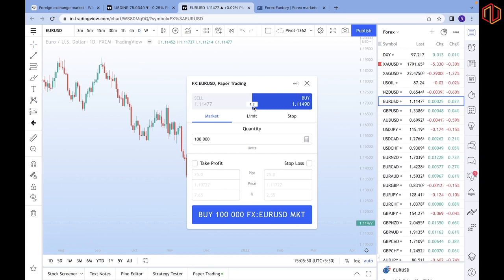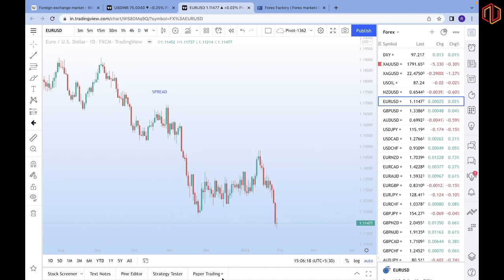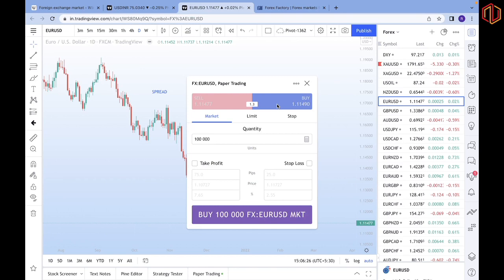So I'll just write this down so everyone knows what we're talking about. The spread is the difference between the buying price and the selling price. This difference of 1.3 pips or 13 points, in general 1.3 pips is the spread.